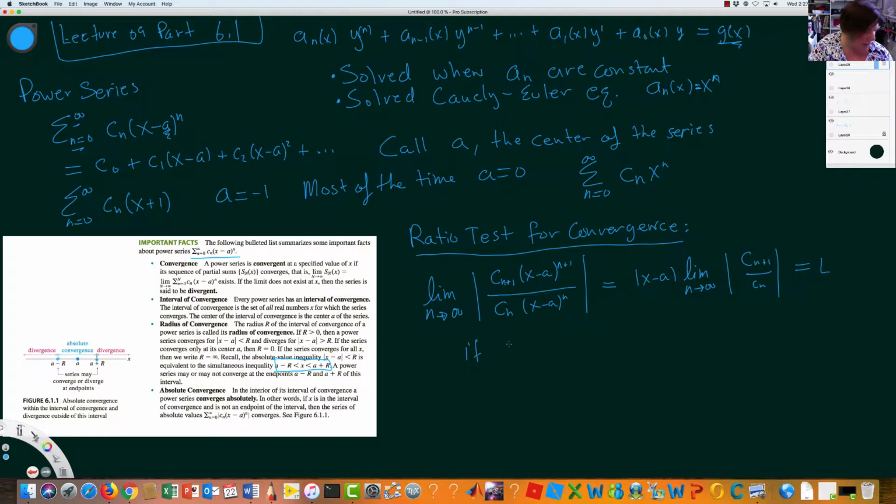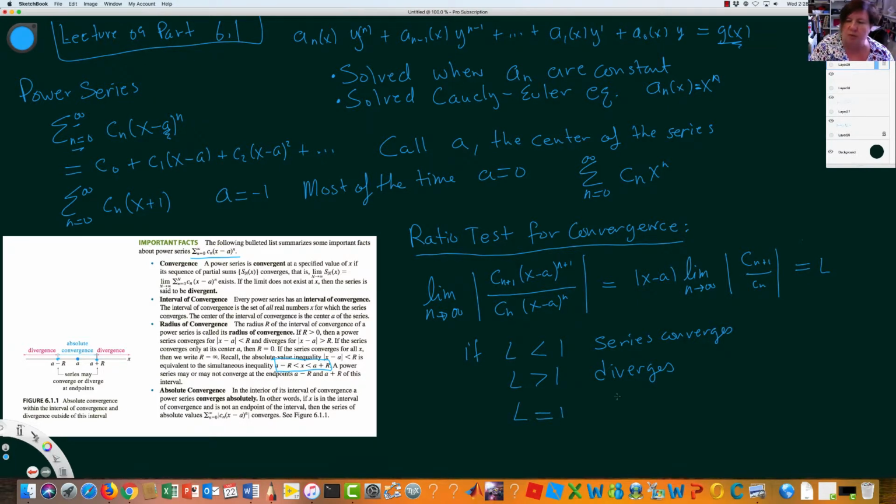If L is less than 1, then the series converges. And if L is greater than 1, it diverges. What if it's equal to 1?